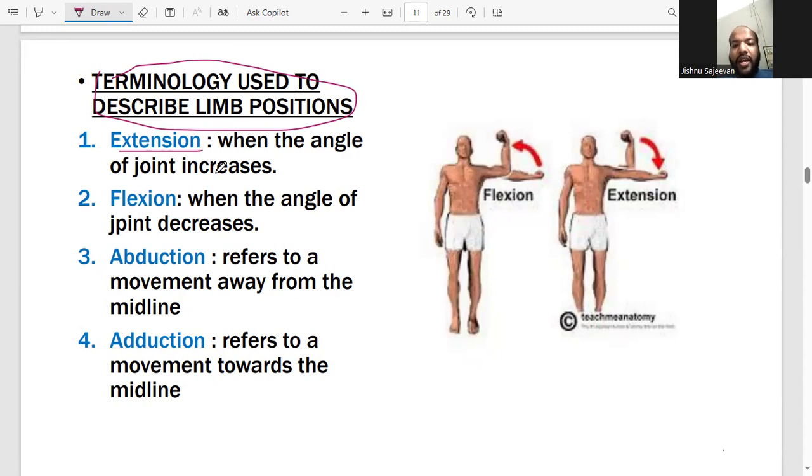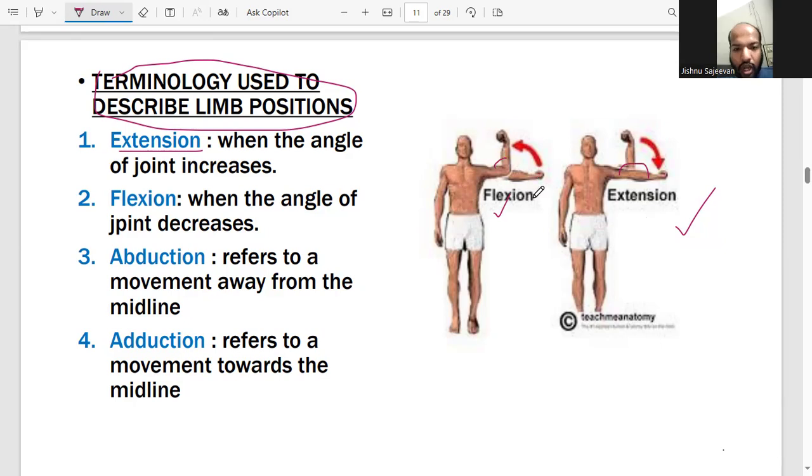In this image, we can see that the patient is extending his elbow. In that condition, the angle of the joint is increasing. Flexion means what? The patient is bending the elbow joint, or the angle of the joint is decreasing in this condition.